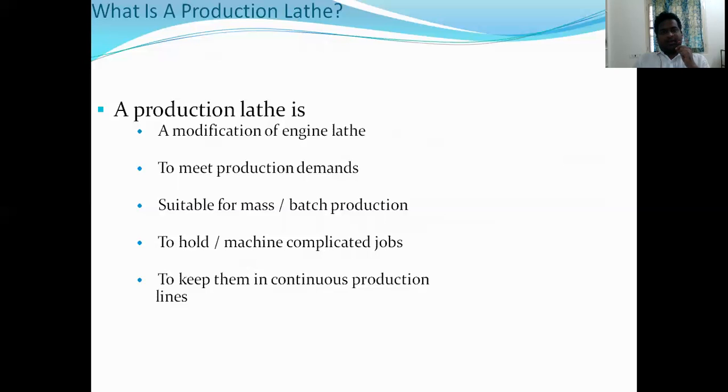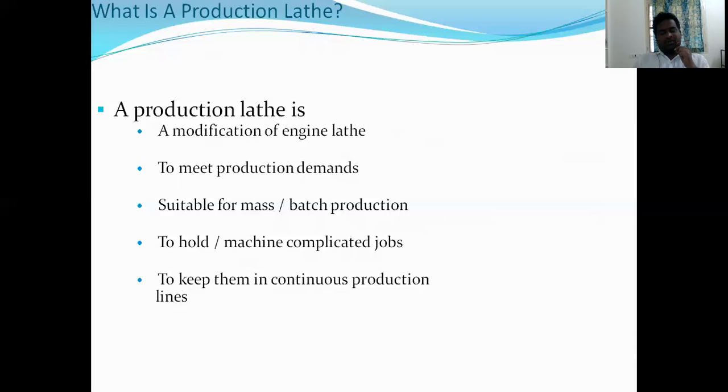And also to hold and machine complicated jobs. In the engine lathe, we have different types of work-holding devices to hold the workpieces. If we give some modifications on the engine lathe, it can easily hold and machine complicated jobs. Those jobs may be complicated based on their material properties, or their size, or their shape.